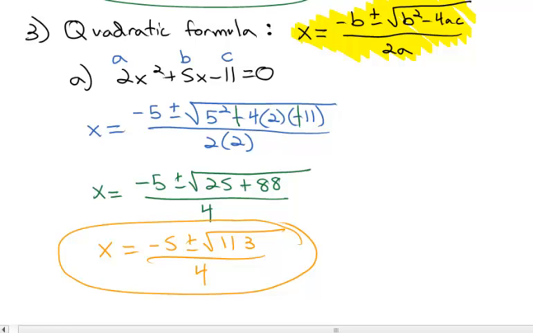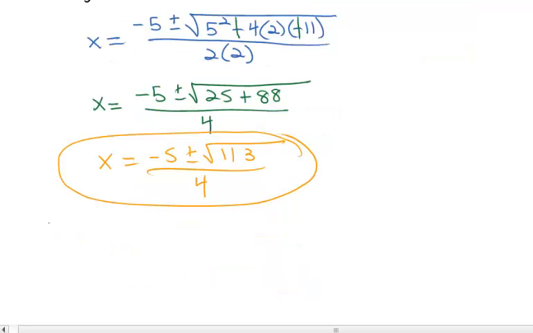So those are kind of the ways we can solve an equation: by either factoring, extracting a square root, or the quadratic formula. I want to look at one other type of problem, though, that's going to become very important to us in this class, which is when a problem is quadratic in form.